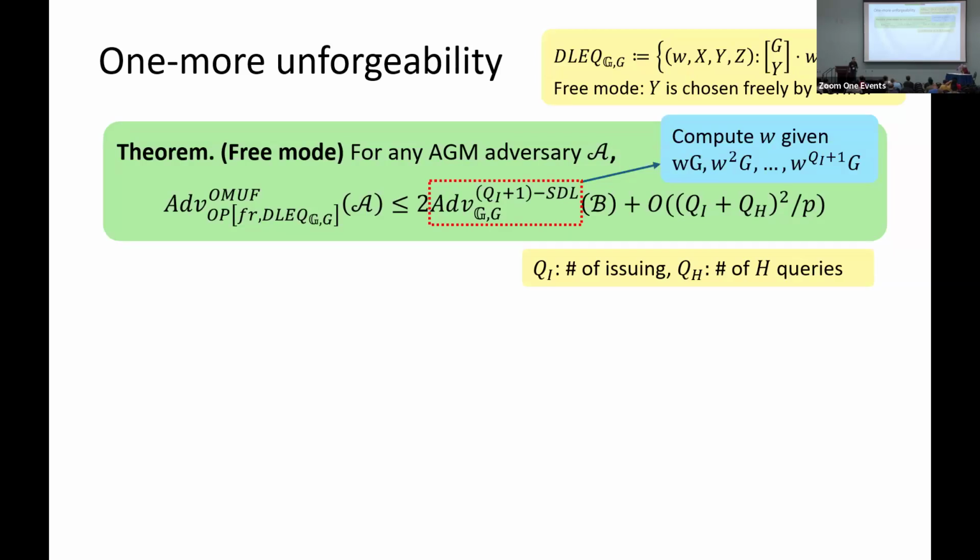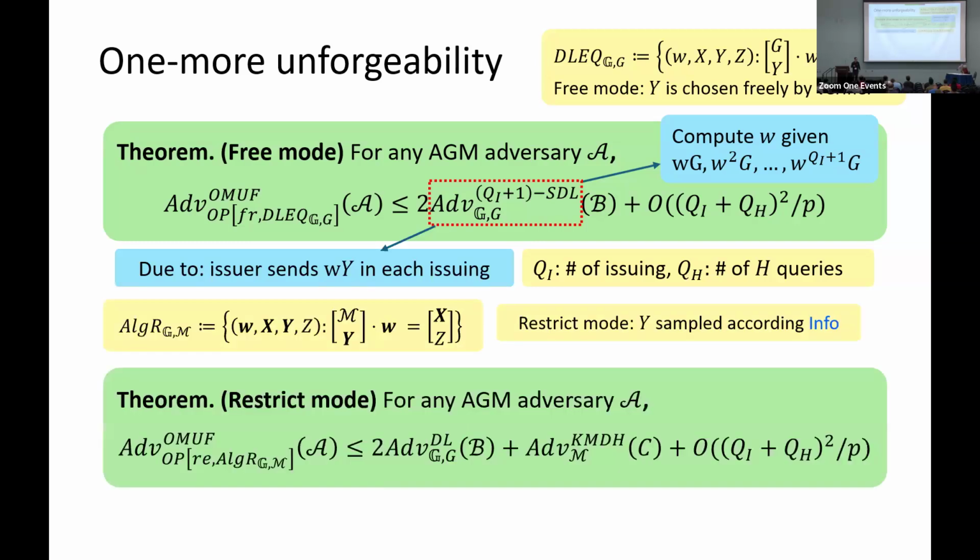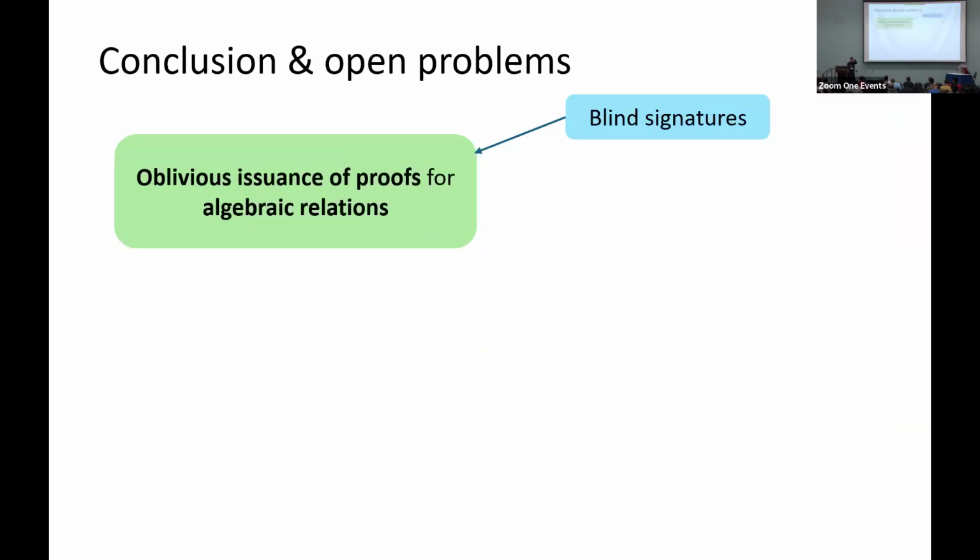I will not go into much detail here. And then for the restricted mode, I can show one-more unforgeability for any arbitrary algebraic relations. To conclude, we propose oblivious issuance of proofs in this paper, which can be viewed as a generalization of blind signatures.